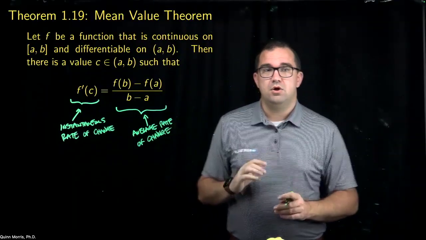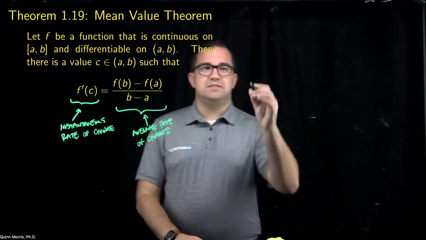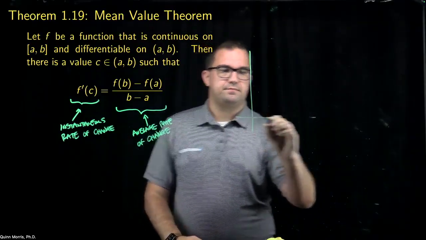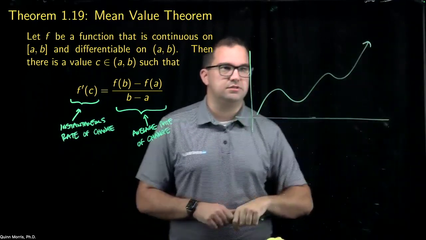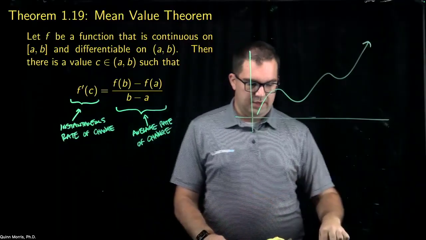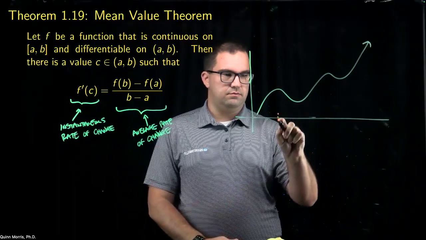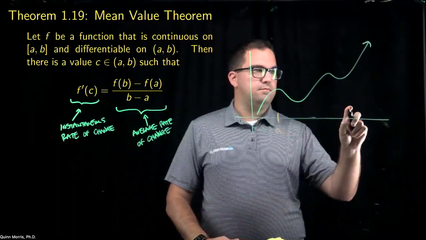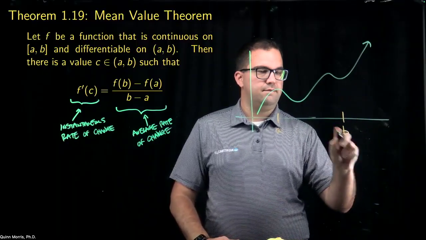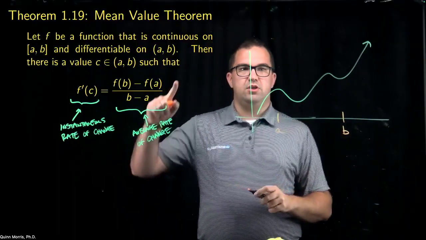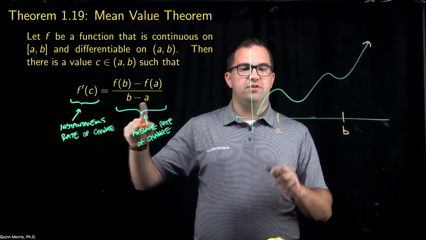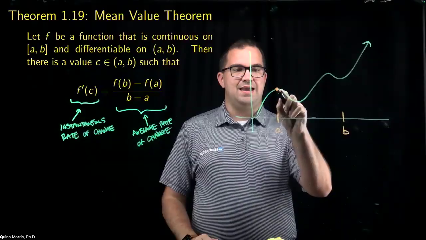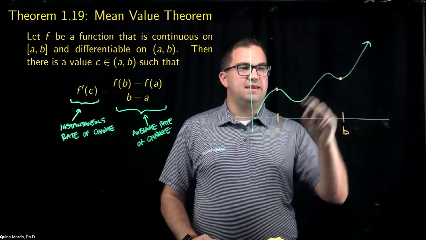Okay. Graphically, what this theorem is saying is, if you have some function which satisfies these conditions, and so here's a, maybe over here somewhere is b. Now, again, if we look at this quantity, it's an average rate of change. It's also the slope of the line that connects a, f of a, to b, f of b.